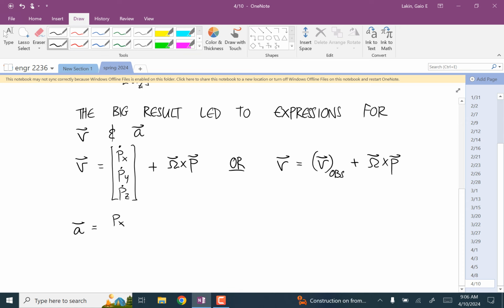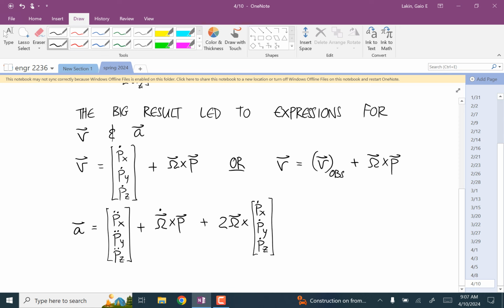It is the second time derivatives of the components of position plus omega dot crossed with the position vector plus 2 times omega crossed with the components' single dot of the position plus omega cross quantity omega cross p.